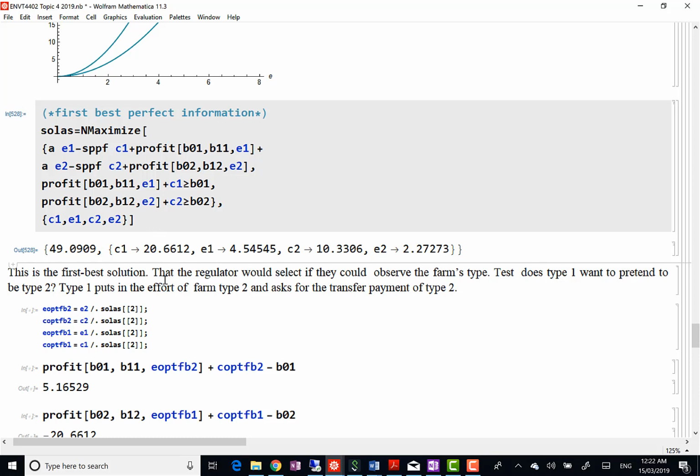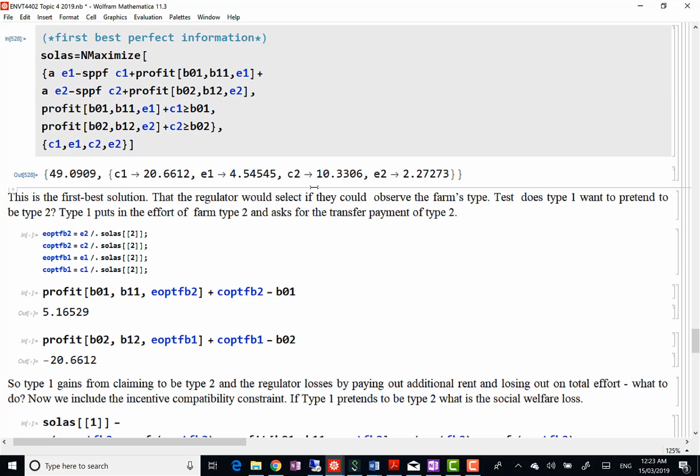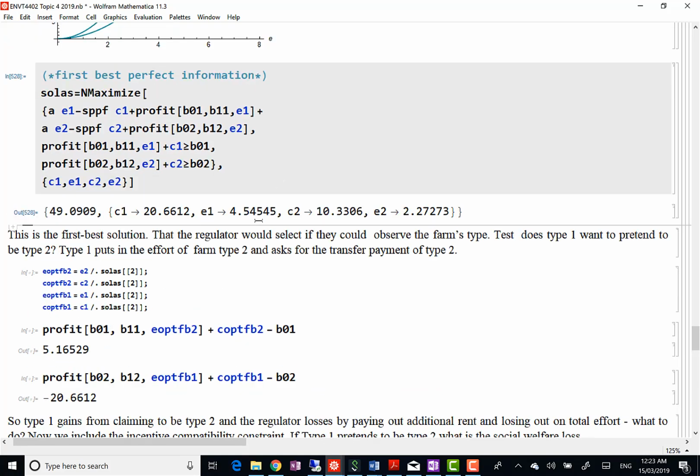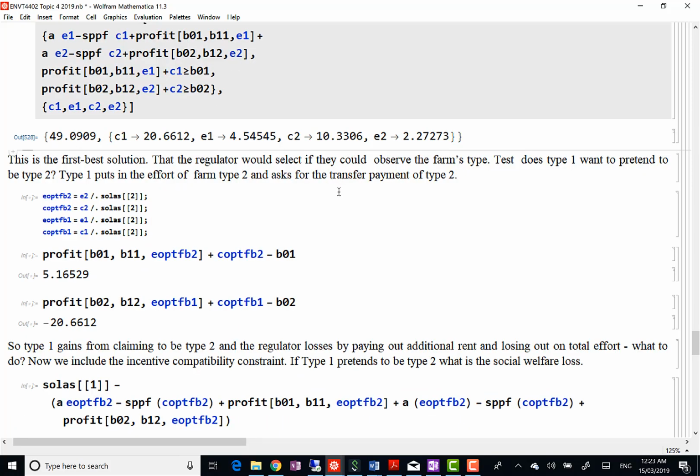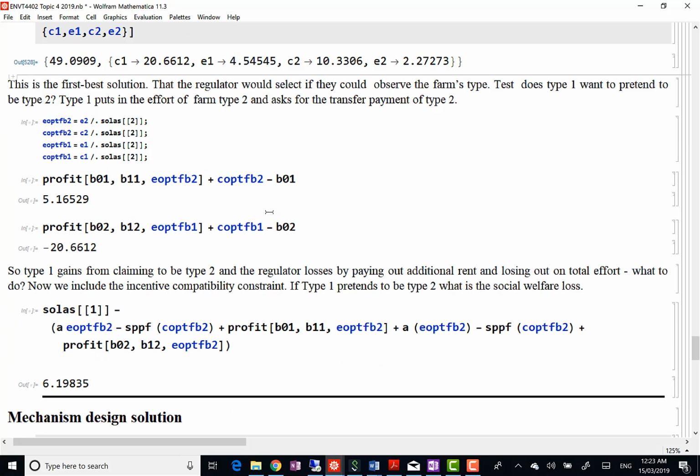We see that farmer 1, the low cost type, has a relatively high effort and gets a high transfer payment, whereas farmer 2, the high cost type, has a low transfer and a low effort, and this gives the overall value of contracting with the two farmers. Actually, implicit in this is an assumption that both the farmers appear in the population of farmers with equal frequency.